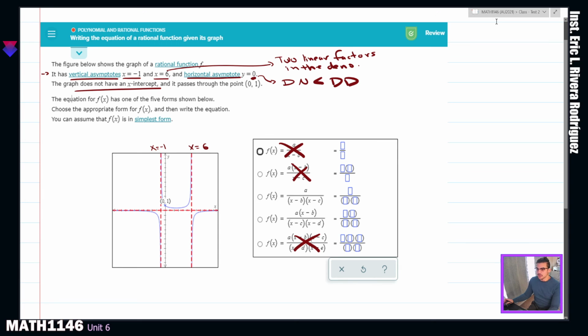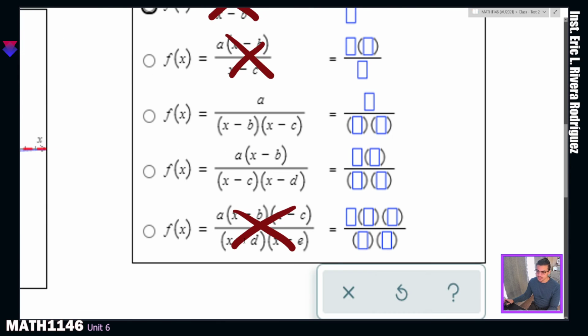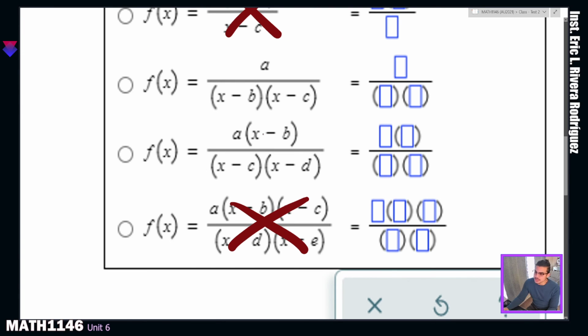We just need to focus on the numerator. If the numerator does not have an x variable, it means that the function does not have an x-intercept. So the graph not having an x-intercept means that the numerator needs to be constant. Okay, so the numerator needs to be constant.